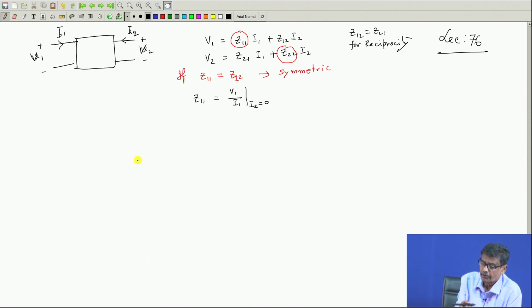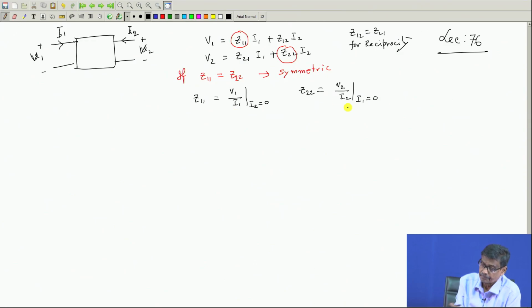That is the driving point impedance of the network looking from port 1, and the driving point impedance of this two port network looking from port 2 is V2 by I2 with I1 equal to 0.